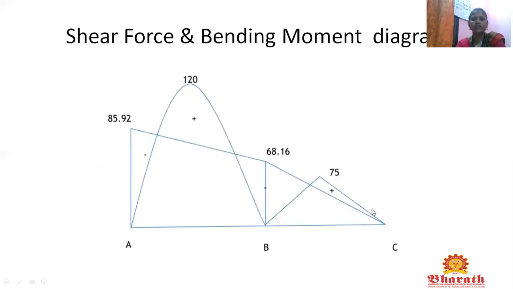From B to C, it is a point load, so we draw it as a triangle with the maximum of 75 at the middle point, and mark the value 75 in span BC. So this is the shear force and bending moment diagram, the last step in your stiffness matrix procedure.